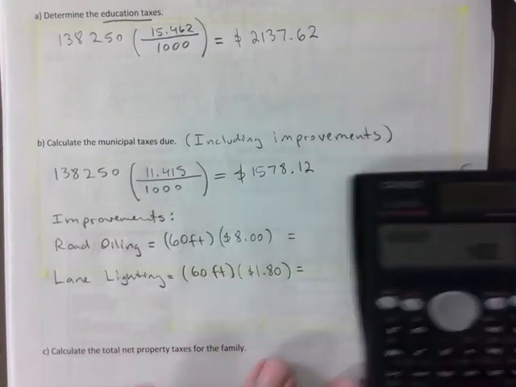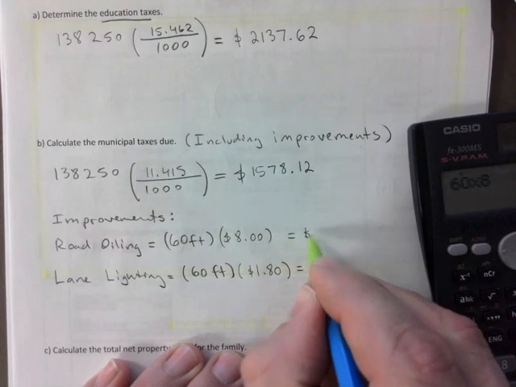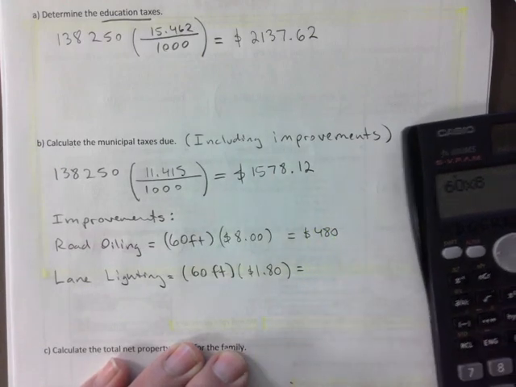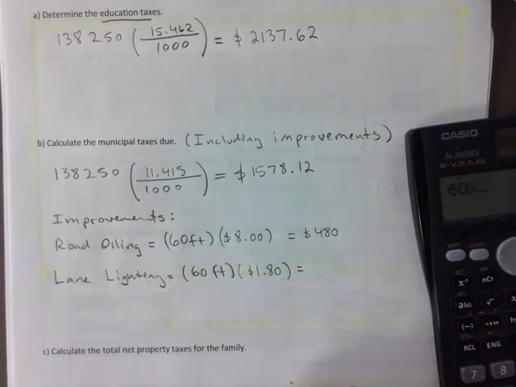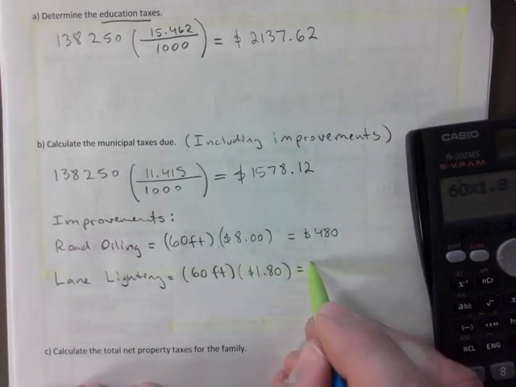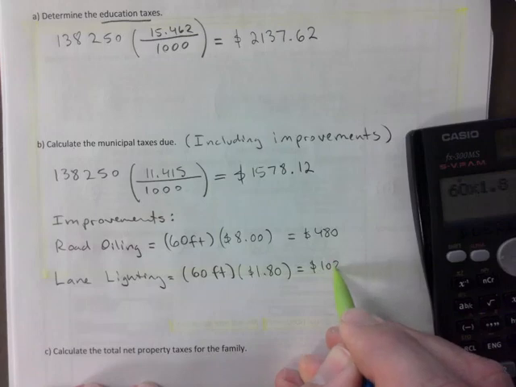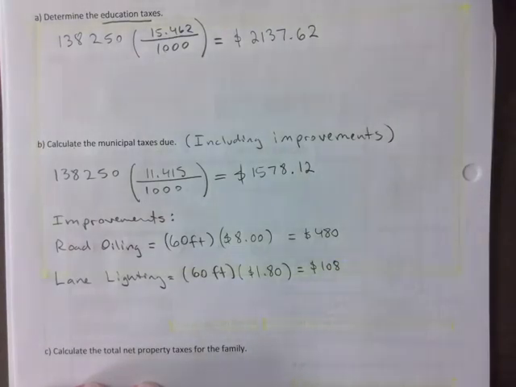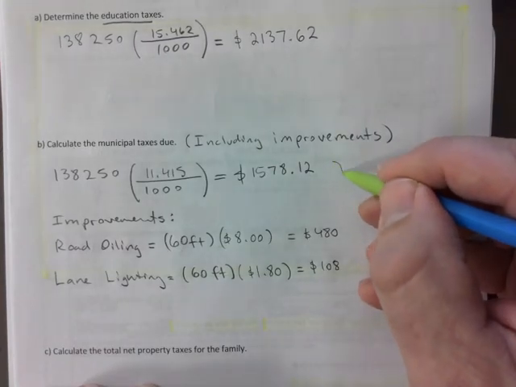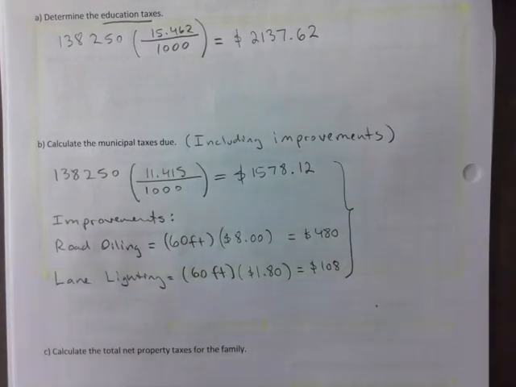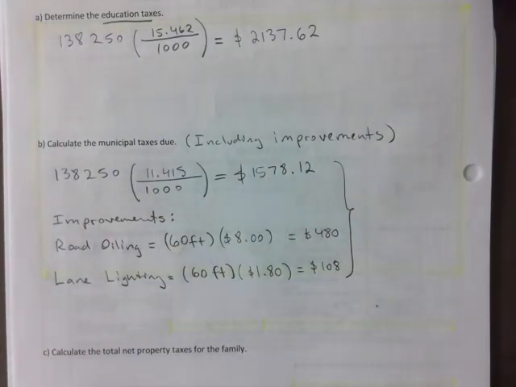And now we just multiply them, and that's the way to go. 60 times 8. So it's $480 for road oiling. And then 60 times 1.8. That's $108 for that. So now we do our subtotal, like, so this is all gonna be lumped into municipal. This is under the municipal umbrella, okay?